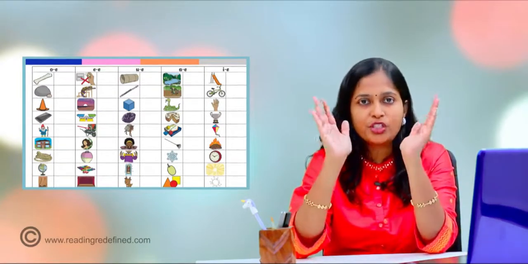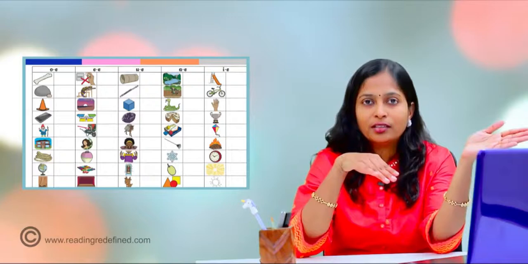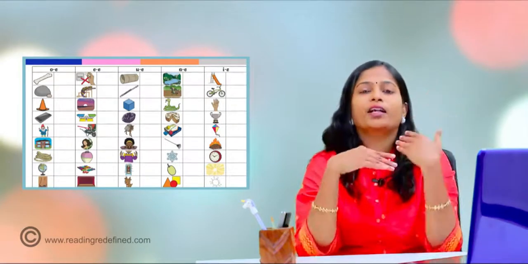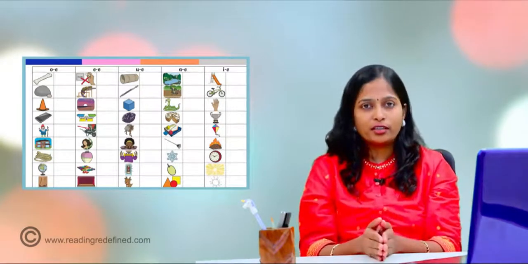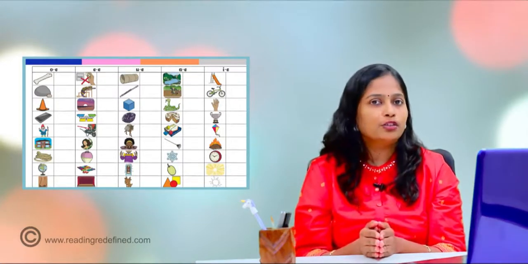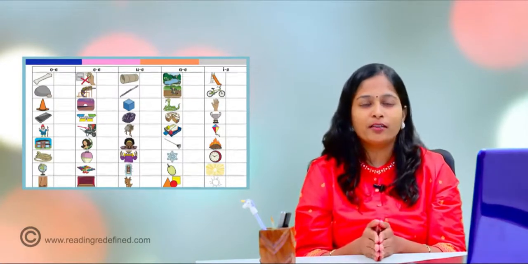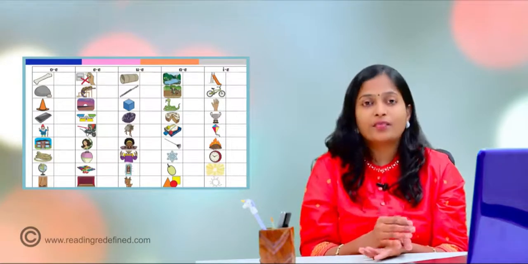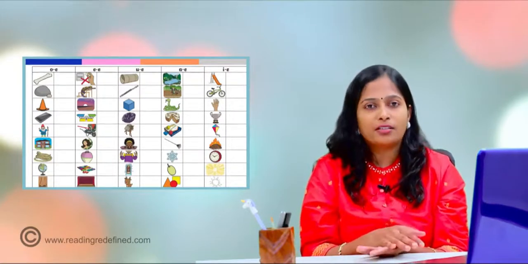So A dash E is the concept, and you give a lot of pictures to children which I will be attaching here in a separate file. So which you can use it in your classroom or with your children and ask them to write the words to the corresponding picture, which in turn helps them to work on their vocabulary as well as the spelling pattern.